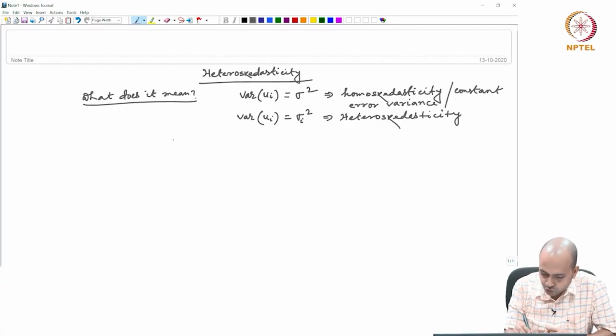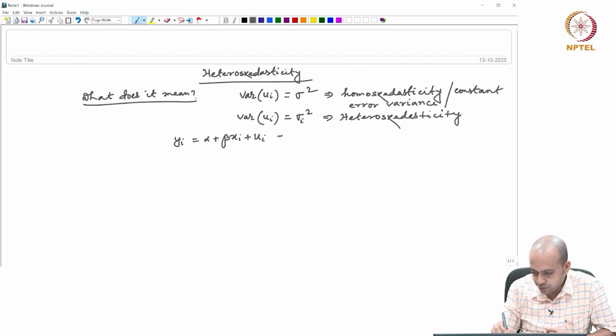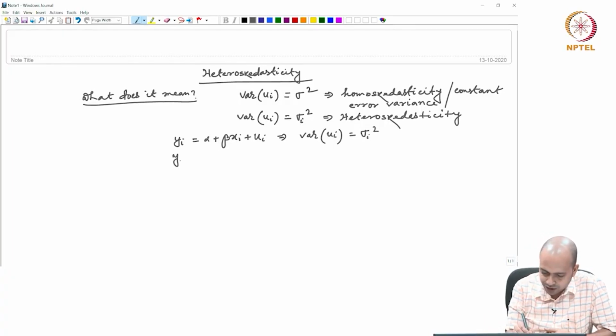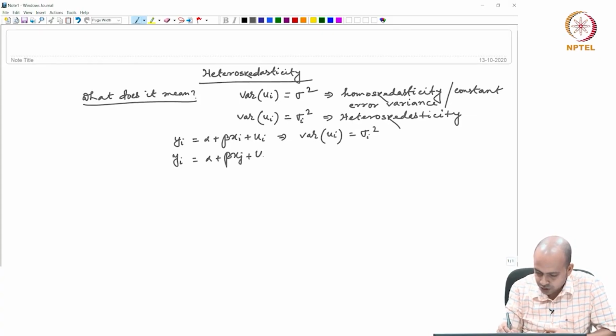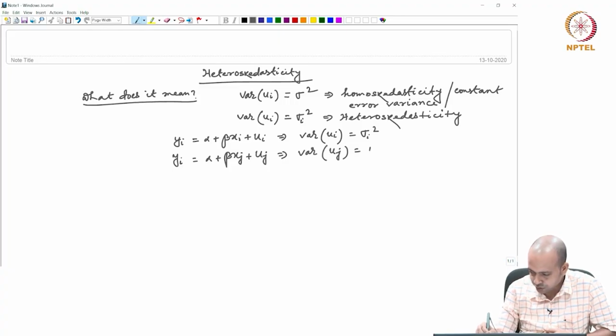So, if you are writing your model like this, yi for the ith person equals alpha plus beta xi plus ui, and then you are saying that variance of ui equals sigma square i, and then when you are writing the same equation for the jth person, that would become alpha plus beta xj plus uj, and then you say that variance of uj equals sigma square j.